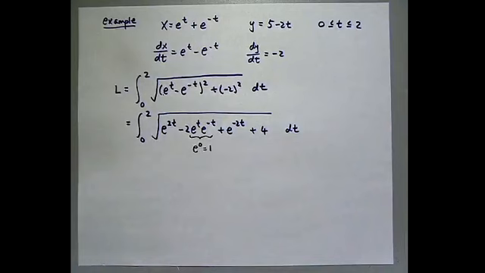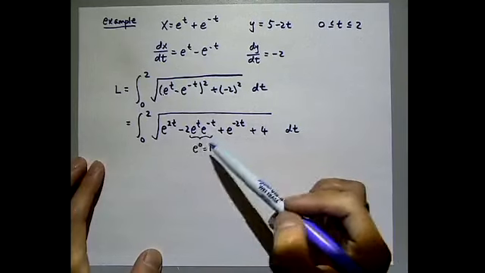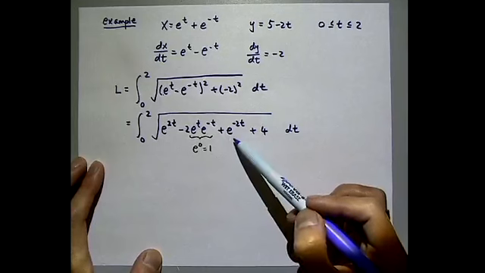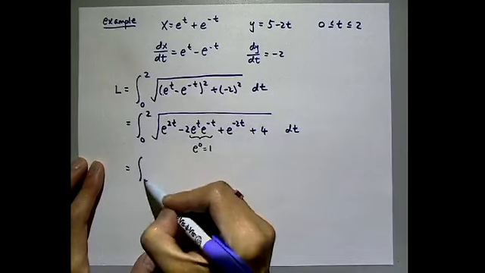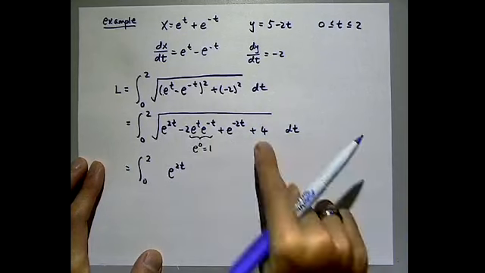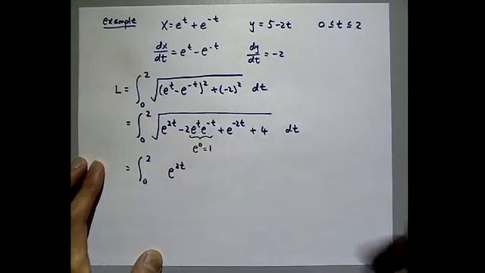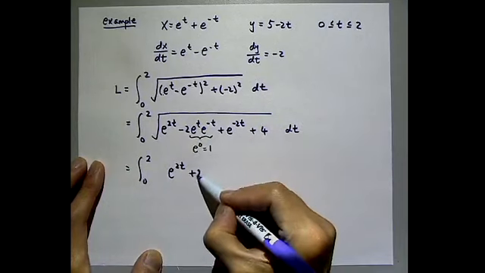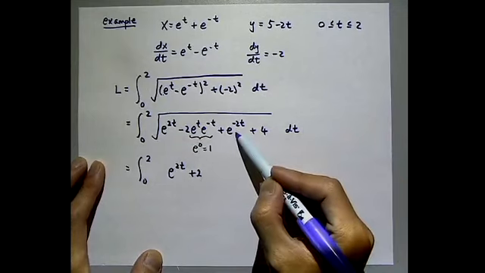In the second term here, e to the t times e to the minus t, that becomes e to the 0, which is a 1. So this is really e to the 2t minus 2 plus e to the minus 2t plus 4. Or e to the 2t plus 4 minus 2, that's plus 2, right? And then plus e to the minus 2t.